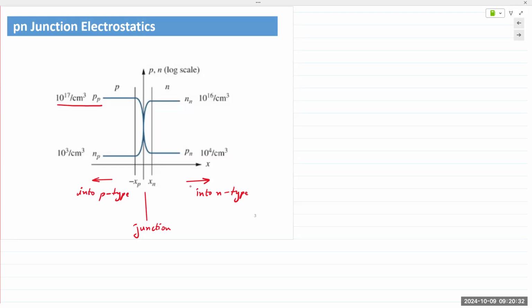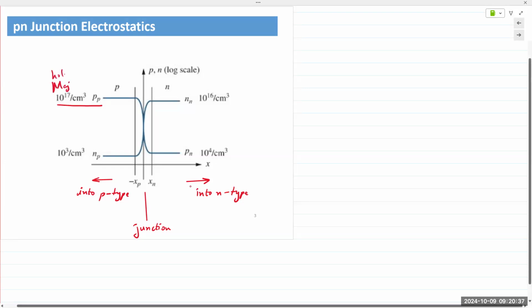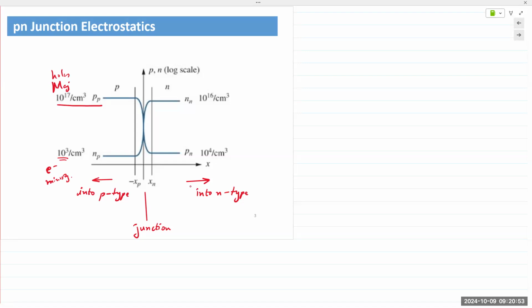So excess holes are the majority carriers, and electrons are the minority carriers, indicated by the numbers 10⁻17 atoms per centimeter cube and 10⁻3 atoms per centimeter cube.